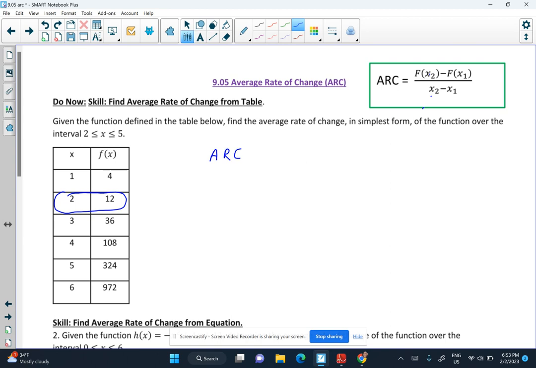So we're looking at the interval from 2 to 5. And I always start with my rightmost value. And remember, the x's go in the denominator, right? So what I normally like to do is I write them as points, and I put the rightmost point at top.